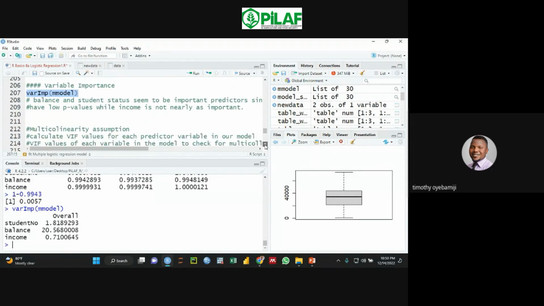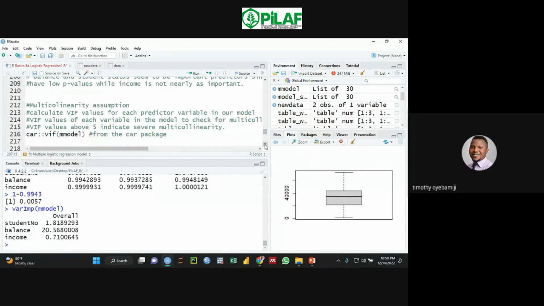Now, the multicollinearity assumption. We talked about the assumption that the independent variables should not be correlated or related. The VIF is brought from the car package.